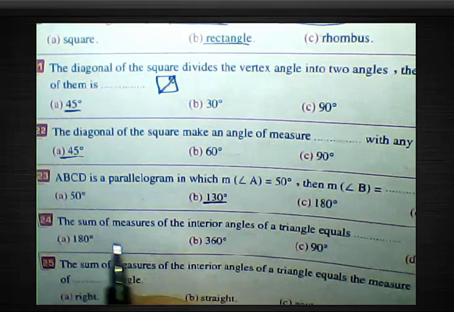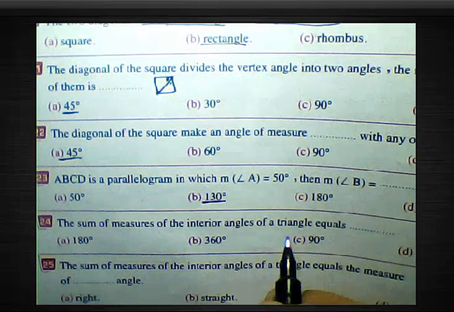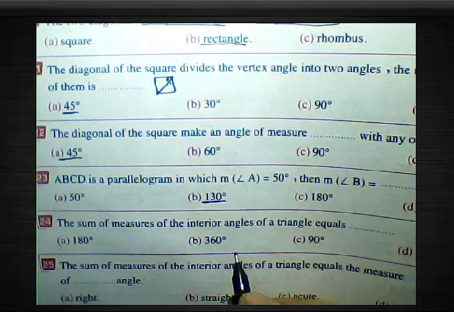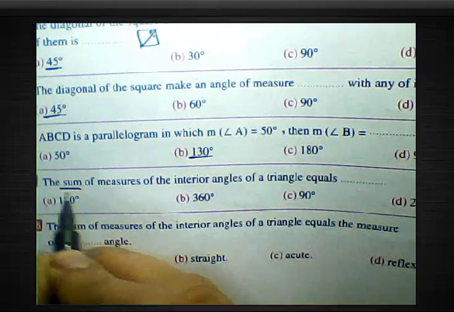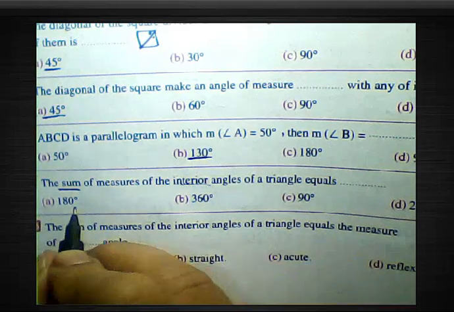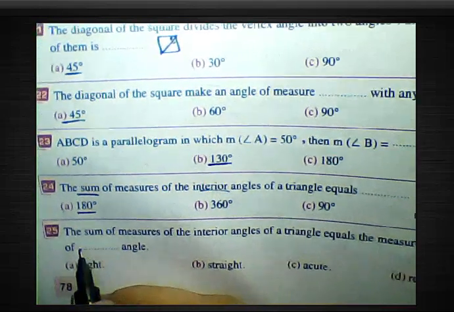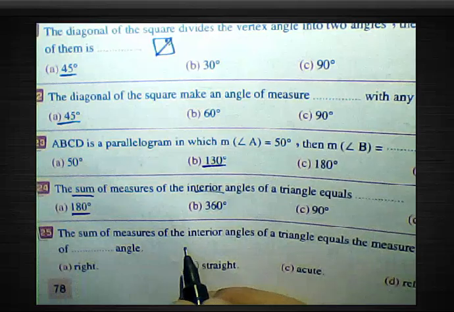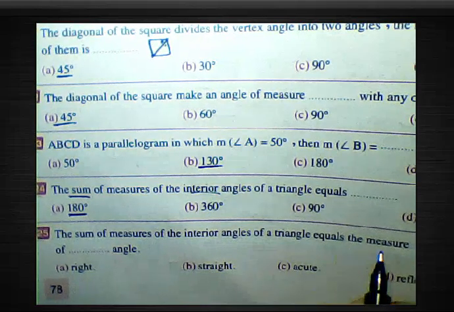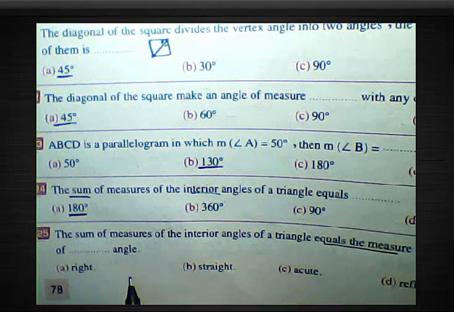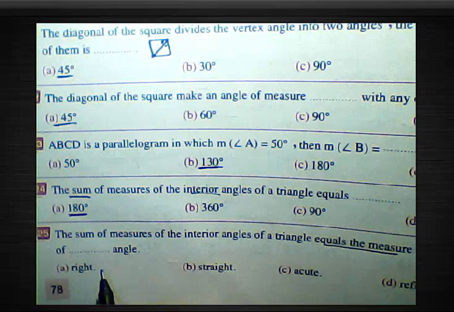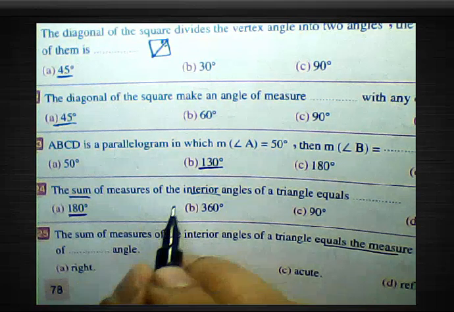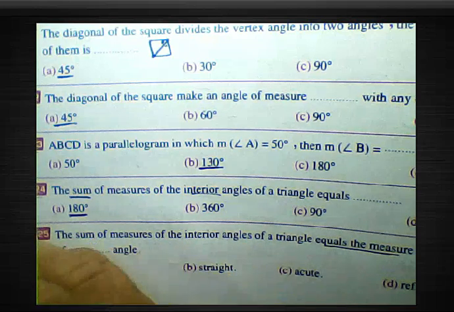Question 24. The sum of the measures of the interior angles of a triangle equals what? The sum of the measures of the interior angles of a triangle equals 180 degrees. Acute angles: 60 plus 60 plus 60 equals 180.